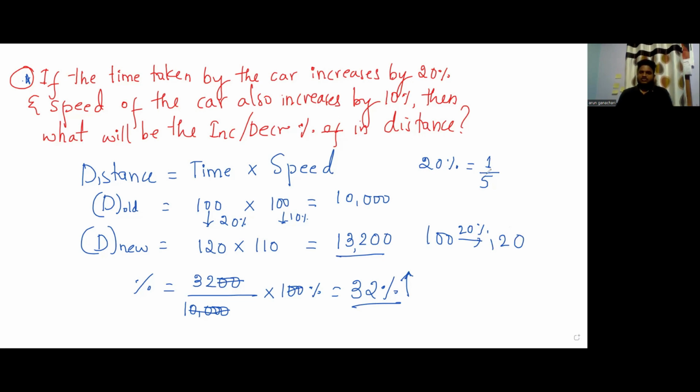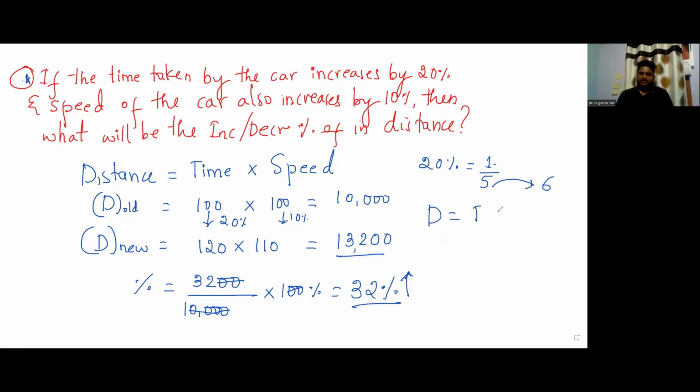Similarly, 20% is 1 by 5. The meaning of this is for every 5, 1 will increase. So 5 will become 6. So if I wanted to write a new fraction, I'll do it in a very shortcut way.